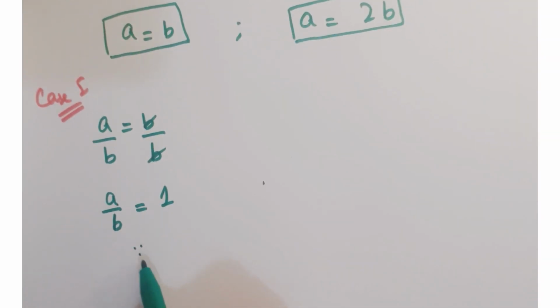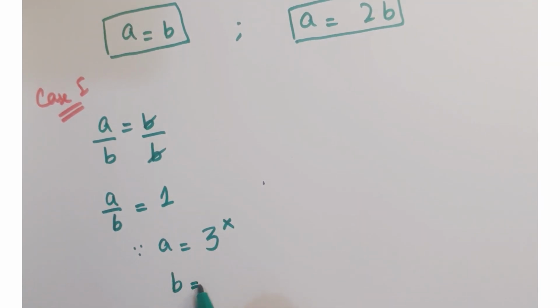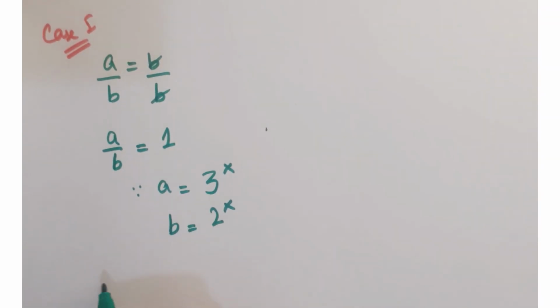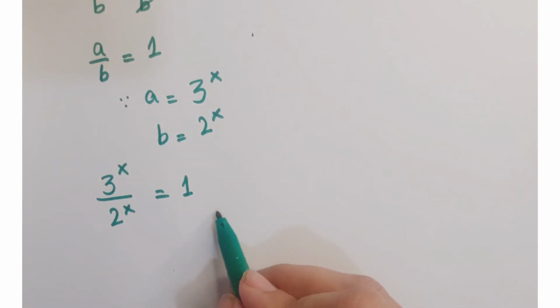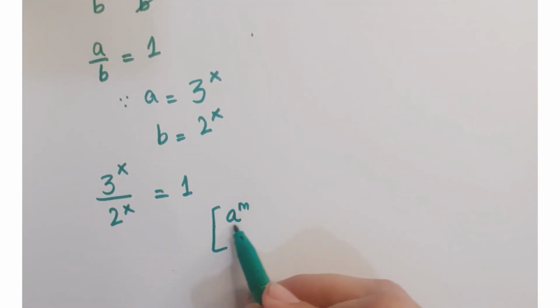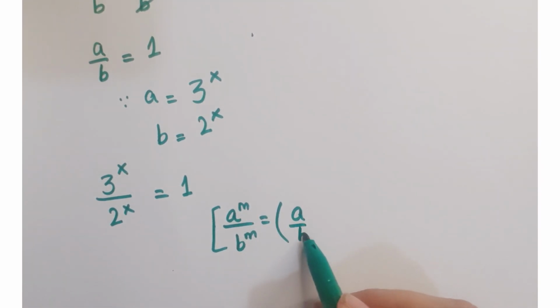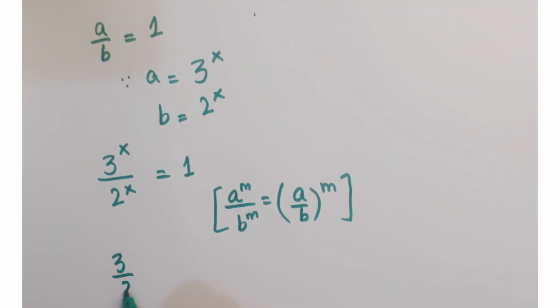Now, according to our assumptions, we have a is equal to 3 to the power x and b is equal to 2 to the power x. So, substituting this, we have 3 to the power x upon 2 to the power x is equal to 1. Now, as you know that a to the power m upon b to the power m can be written as (a upon b) whole to the power m. So, we can write this as (3 upon 2) whole to the power x.